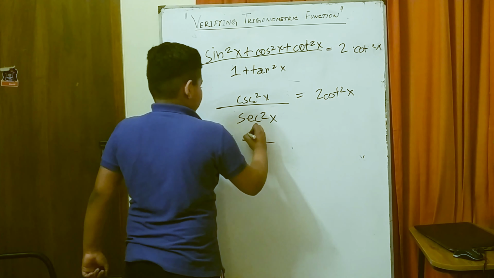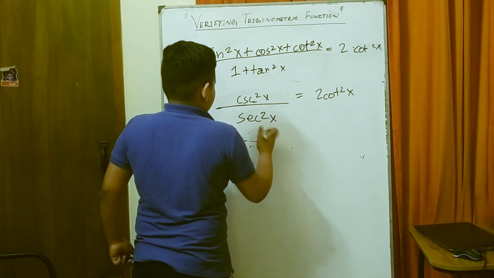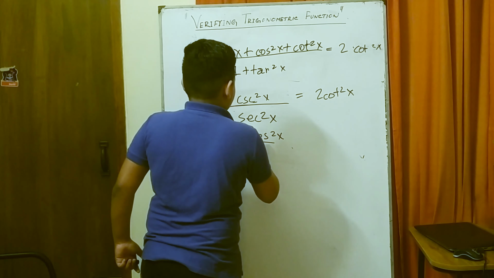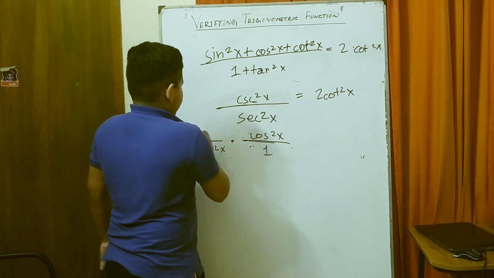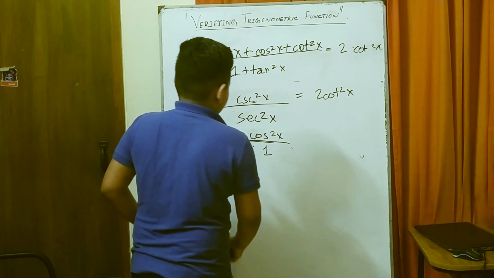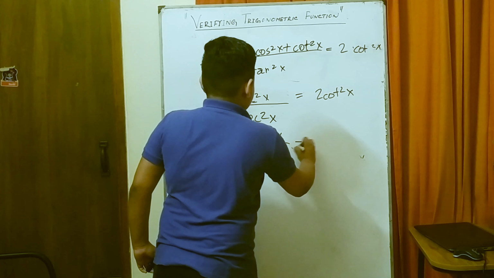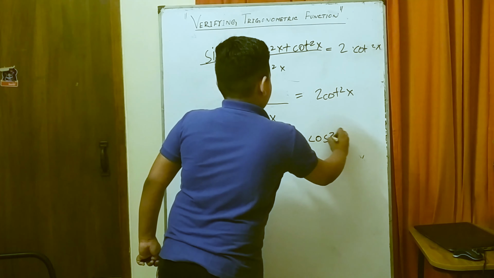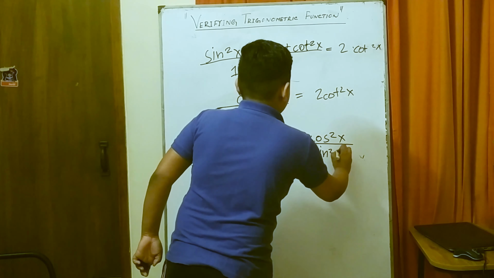We're just going to write cosine on the top and 1 on the bottom. Now we can just not write the 1, but what this does is cancel out the 1's, giving cosine squared of x over sine squared of x.